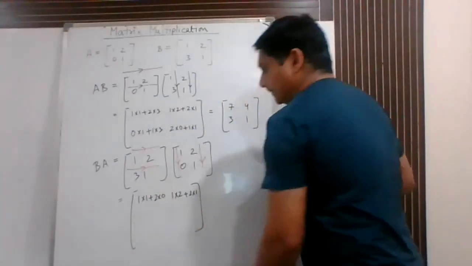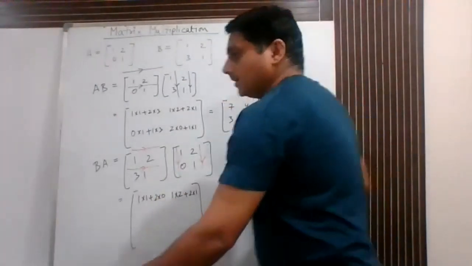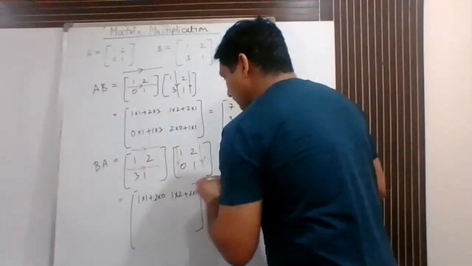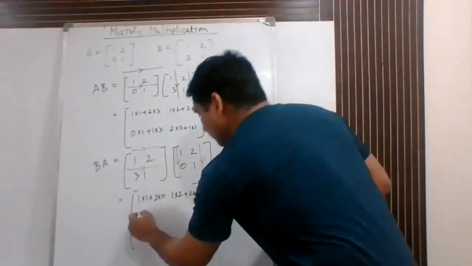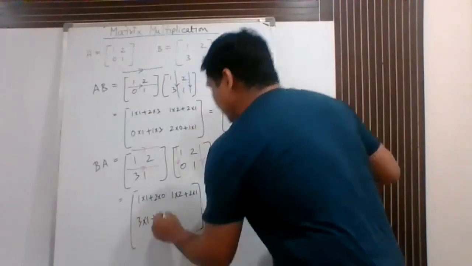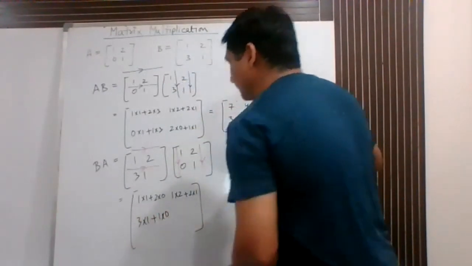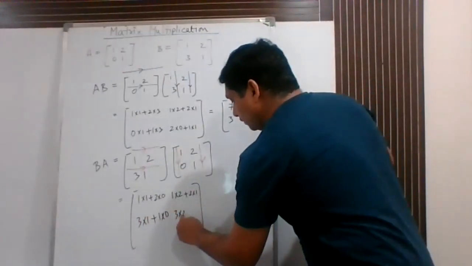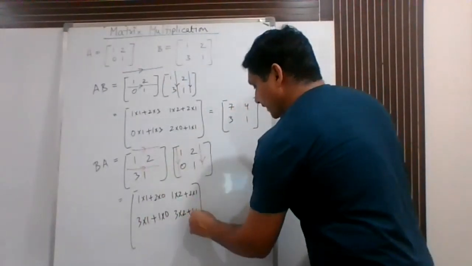Fill the entries over here. So when you do it, it will be 3 into 1 plus 1 into 0. Next will be 3 into 2 plus 1 into 1.